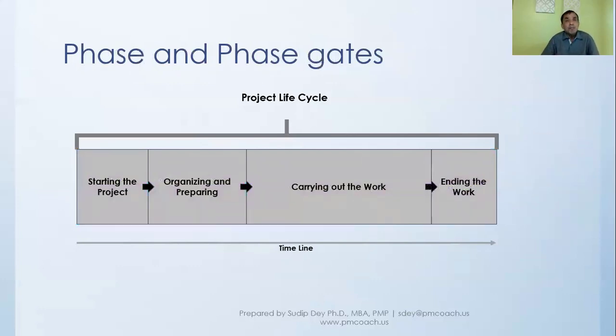But a project can be broken down into phases in many different ways, depending on various factors. Maybe the timeline, the funding, a milestone, or usability. So different factors can decide how we break a project into different phases.